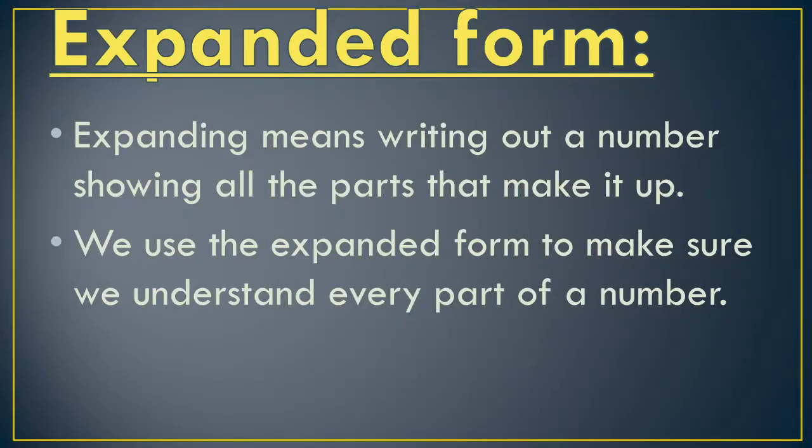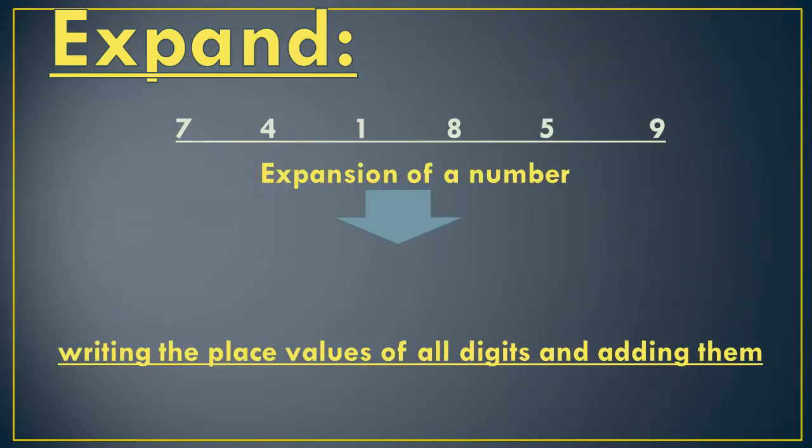Expanded means writing out a number showing all the parts that make it up. We use the expanded form to make sure we understand every part of a number. We have learned the different 6-digit numbers. So here is a 6-digit number and we need to expand it.